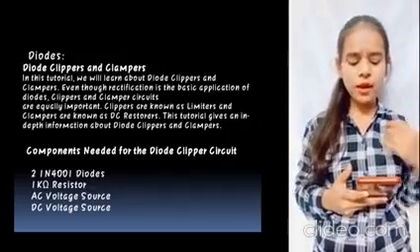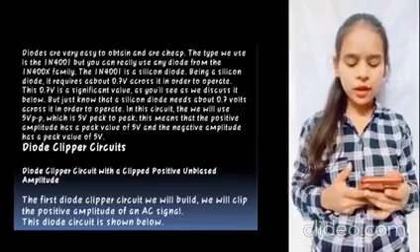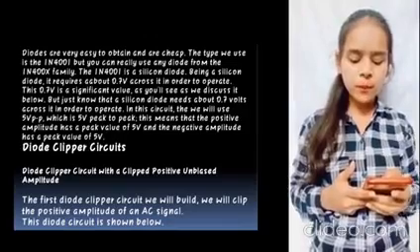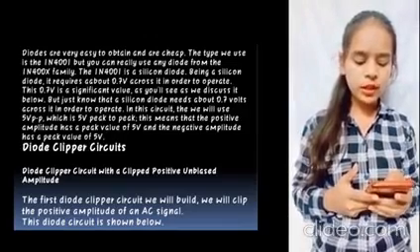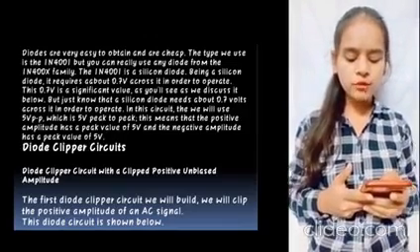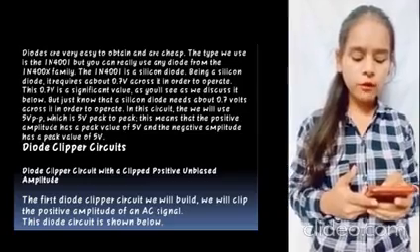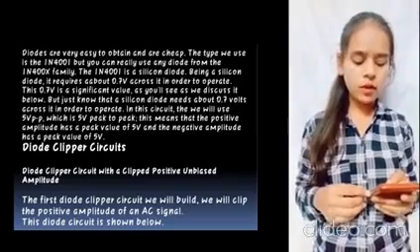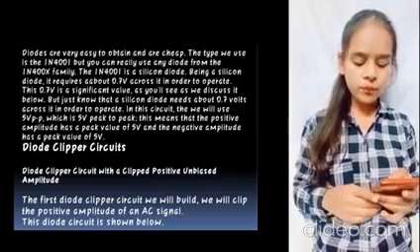Components needed for the diode clipper circuit. Diodes are very easy to obtain and are cheap. The type we use is the 1N4001, but you can really use any diode from the 1N400X family. The 1N4001 is a silicon diode. Being a silicon diode, it requires about 0.7V across it in order to operate.